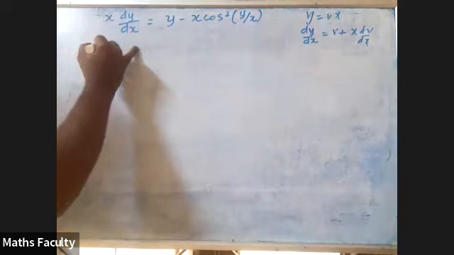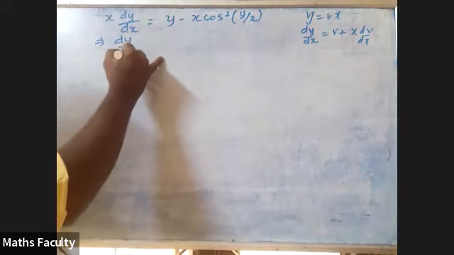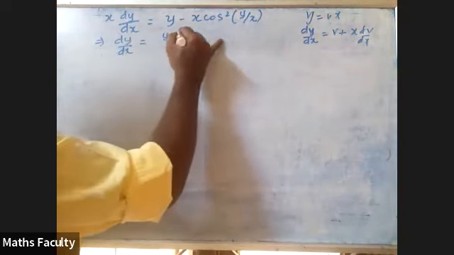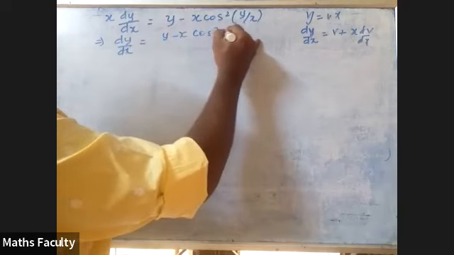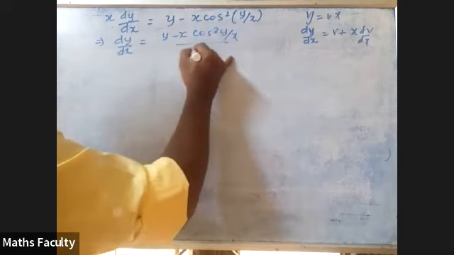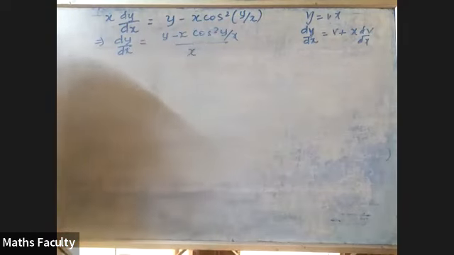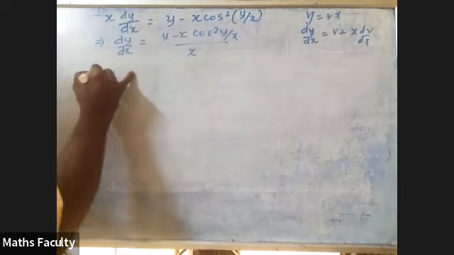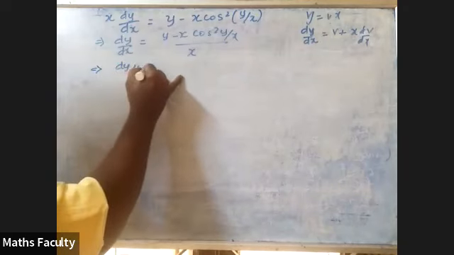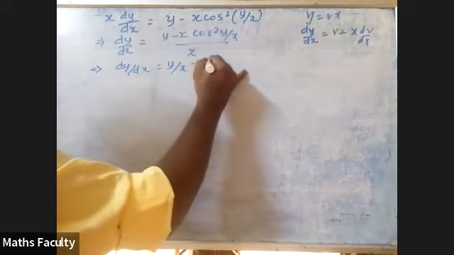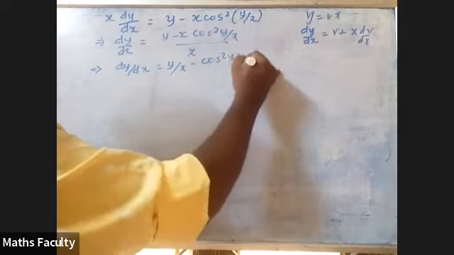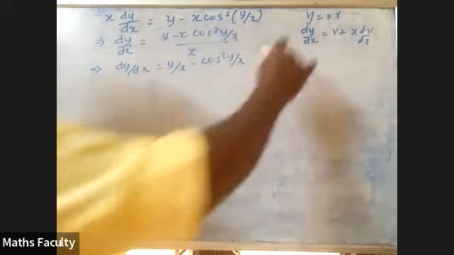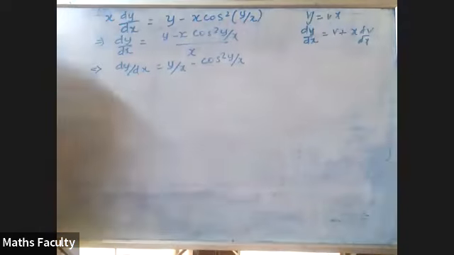Now write it in the form of dy by dx equals y by x minus cos squared y by x, through dividing by x. Now we are substituting y equal to vx.